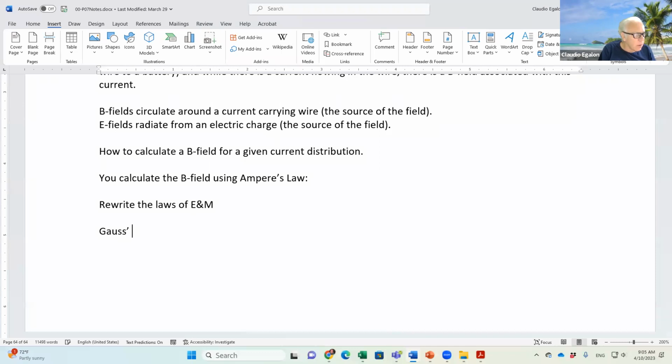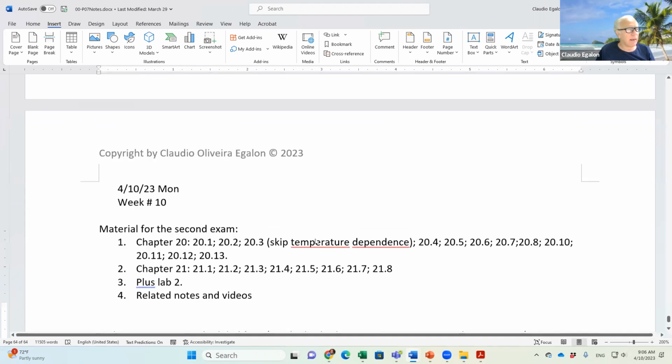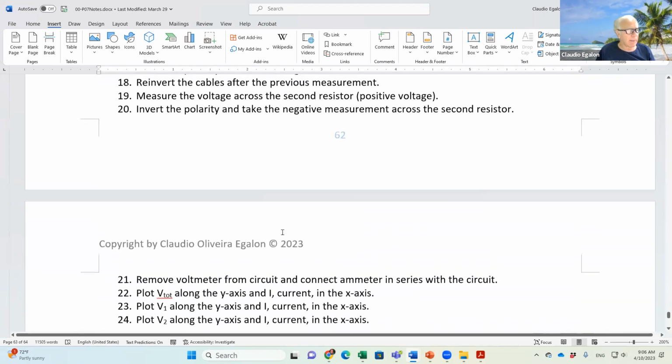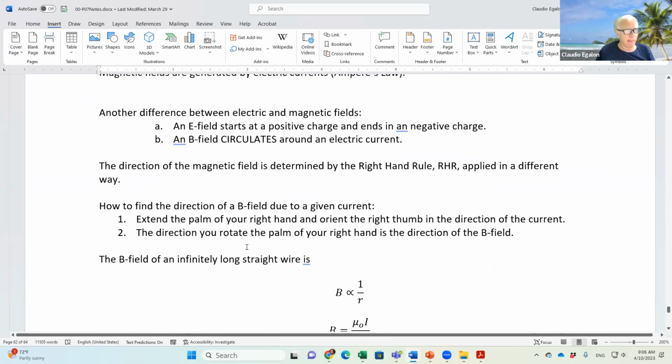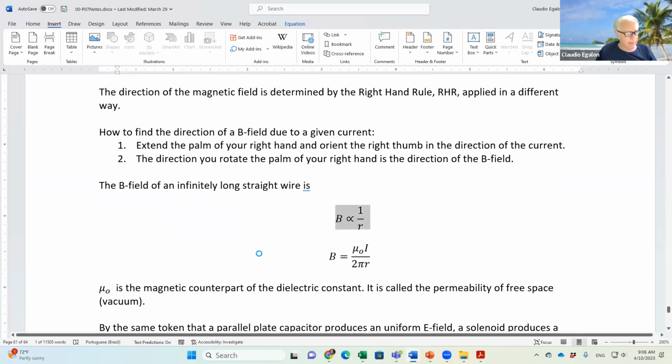Gauss's law, which is nothing but Coulomb's law in a different format. Okay. And mathematically, how it looks like. Mathematically, it looks like that.